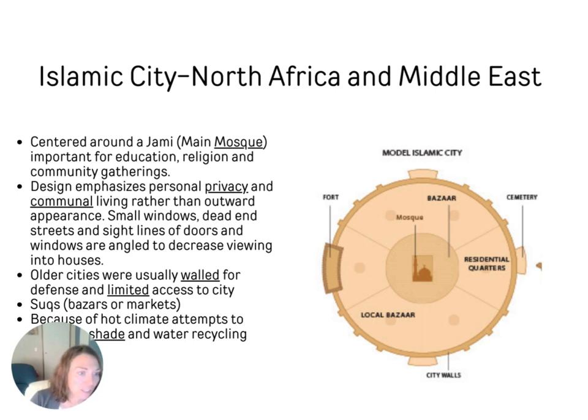And basically, it emphasizes communal living, privacy. Older cities were usually walled for defense and had limited access to the city. And there's also going to be some influences of the hot climate, so these city models will try to maximize shade as well, kind of interestingly.